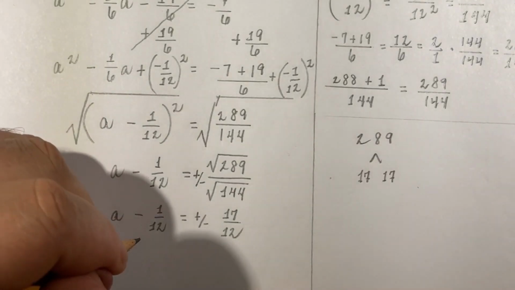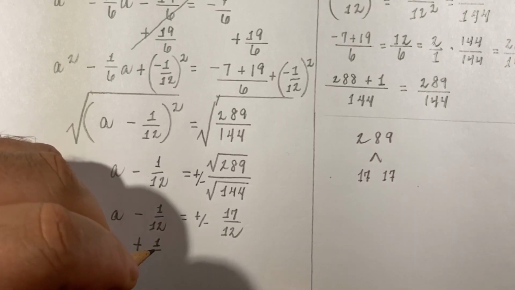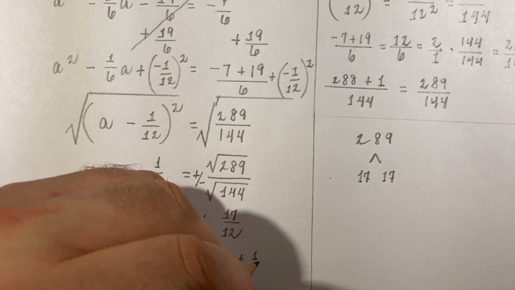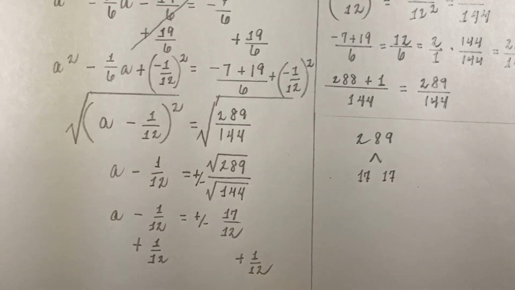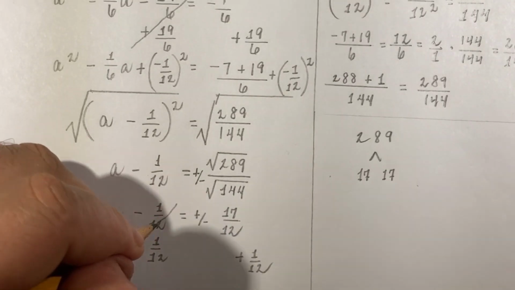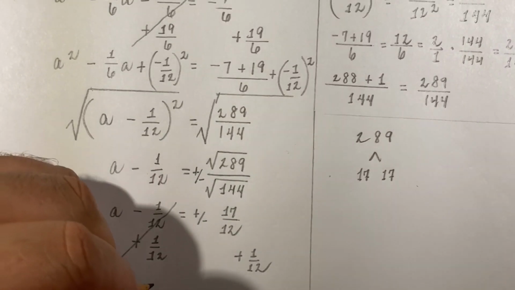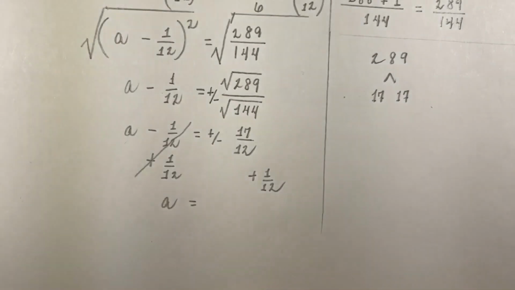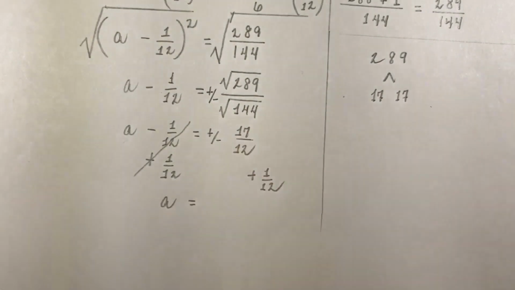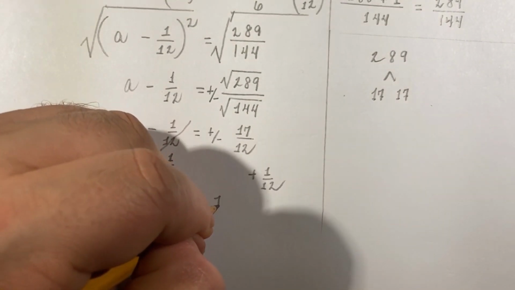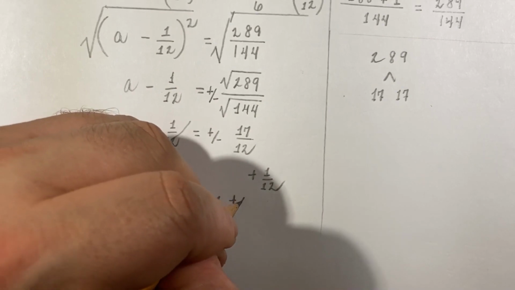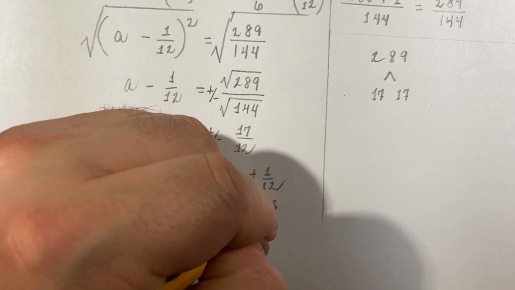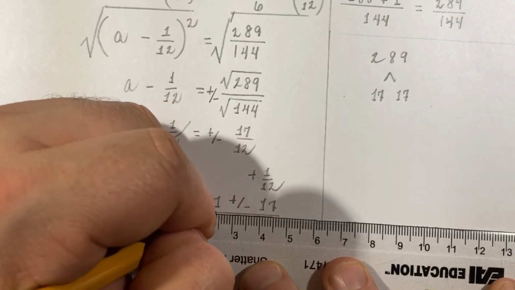Okay, now we add 1/12 to both sides. And it cancels out over here on the left side, and now we have a equals, and you have common denominators here. You have a equals 1 plus or minus, don't forget that, 17 all over 12.